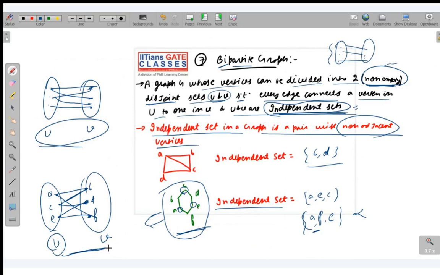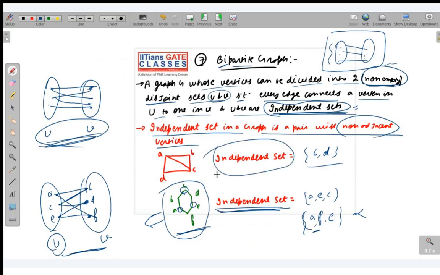There also we have written independent sets. The red color rectangle with the diagonal, in the independent set explanation, sir. This part. The BD is considered as an independent set.